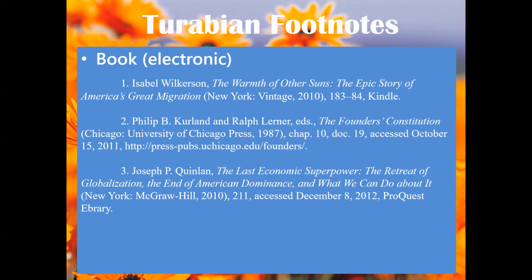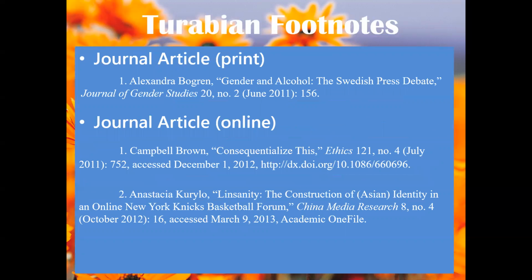And here's an idea of what it's going to look like if you're going to do an electronic book with 1, 2, or more authors. You're always going to have the access date and some sort of link or reference to the digital platform used. And in journal articles, you have both print and online.